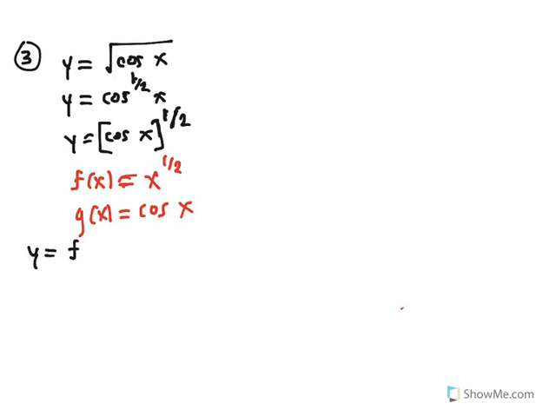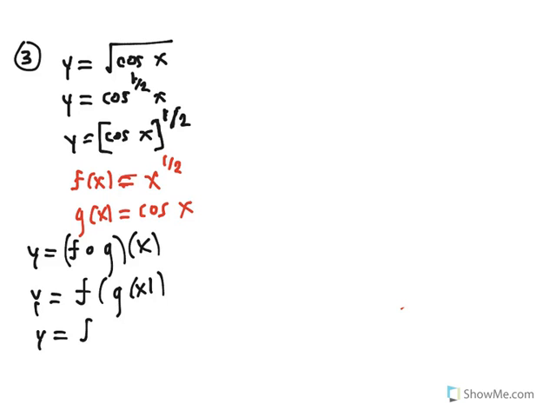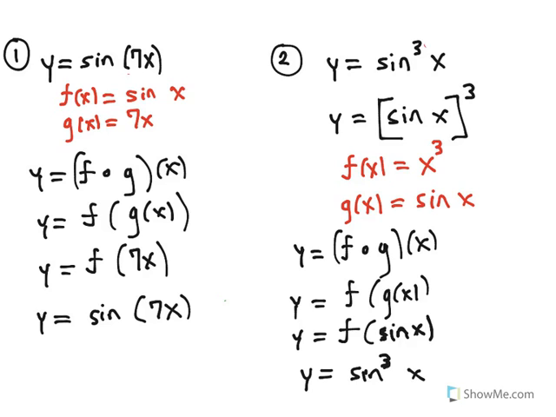So we have y is equal to f of g of x. g of x is cosine x. And what does the function f do with whatever input it gets? It takes the square root, or raises it to the 1/2 power. So we have cosine x to the 1/2 power. So that's what we have for number 3.